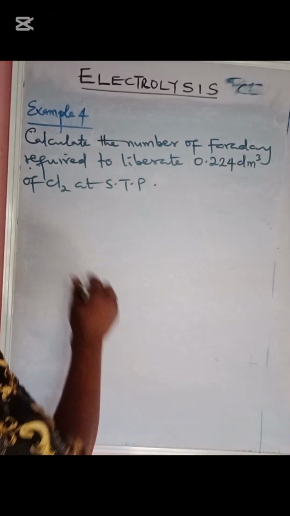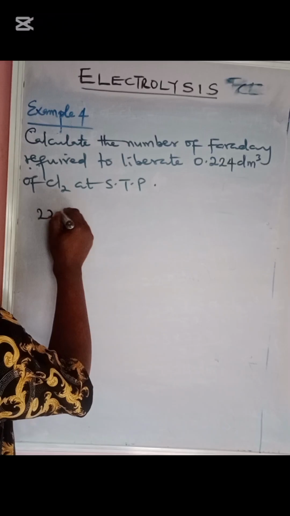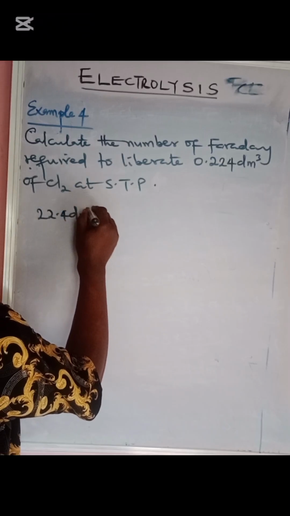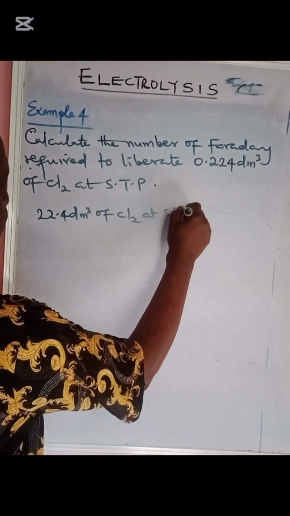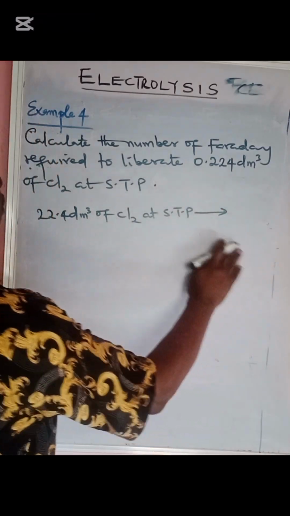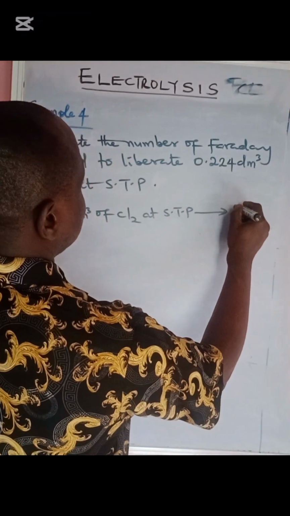So you now say 22.4 dm³ of chlorine gas at STP requires 2 Faraday.